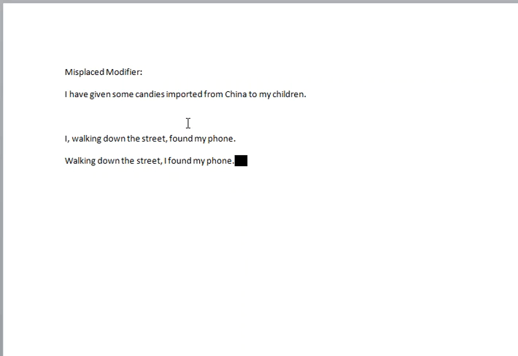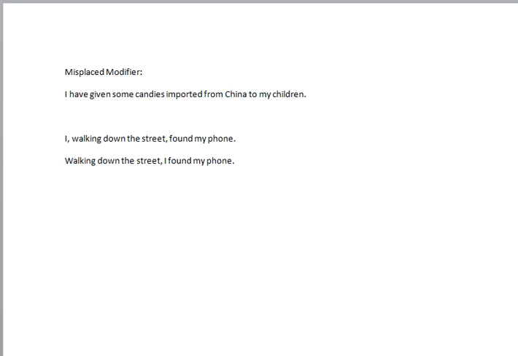It would make more sense and it would be less confusing. So to avoid confusion and to better phrase this sentence, we can change the placement of the phrase and put it next to candies. Okay, that's how we work on misplaced modifiers.